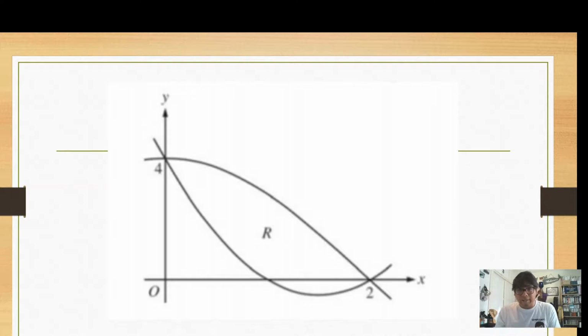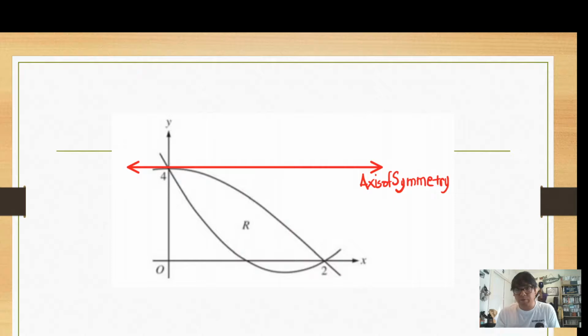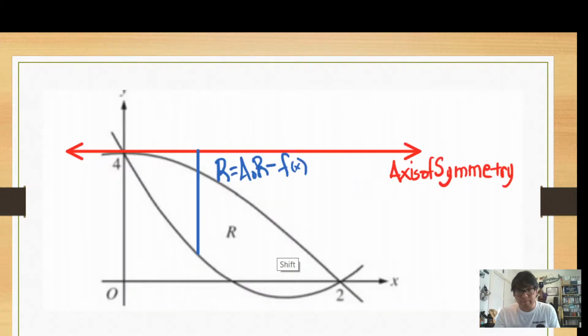Take a look at the region and identify the axis of rotation first. There's a line, y equals 4. We're going to figure out the equation for the big radius and the equation of the smaller radius.